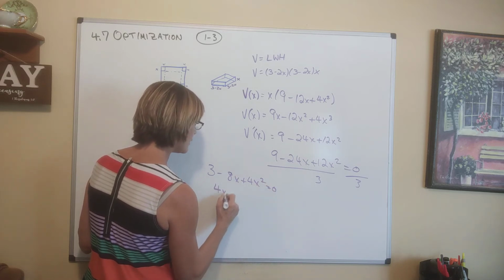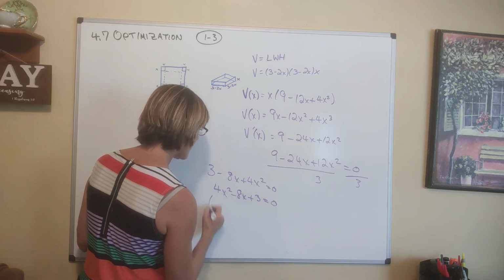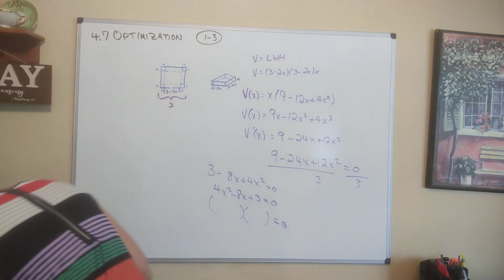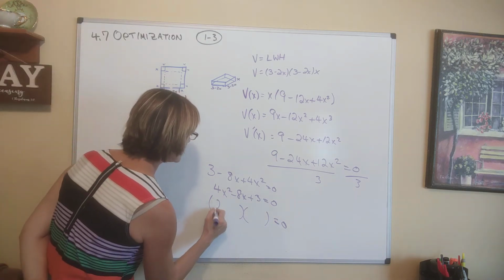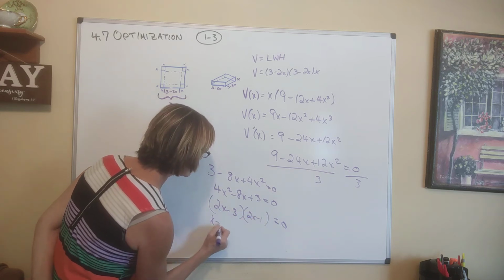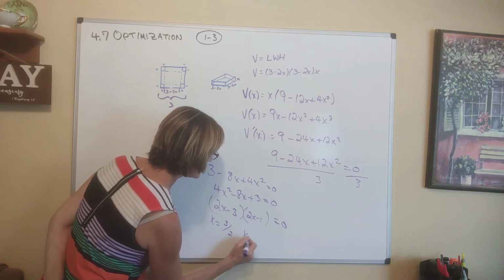This is a quadratic equation, and I think it factors. It does factor. It factors into (2x minus 3) and (2x minus 1). And so we get these critical values: x is 3/2, and x is 1/2.